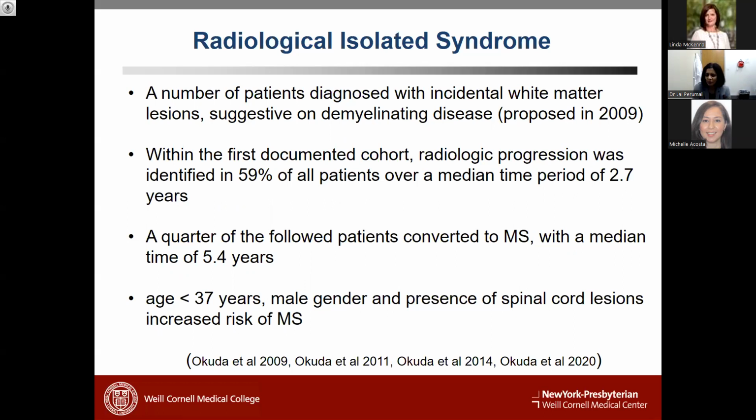So for all purposes, they have MS, but clinically, they haven't presented with a relapse or anything like that. The MRI was done, again, for things completely unrelated to the lesion, because they had a headache, were in an accident, fell down, nothing to do with any MS symptom.